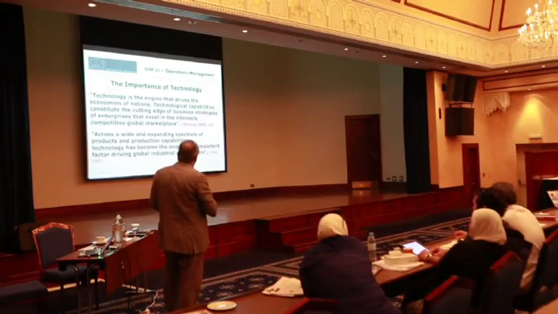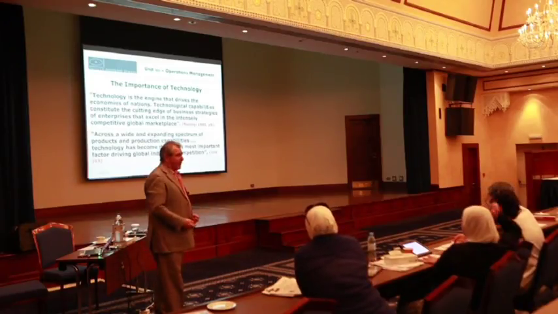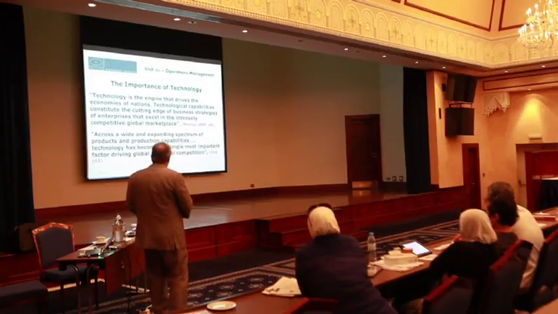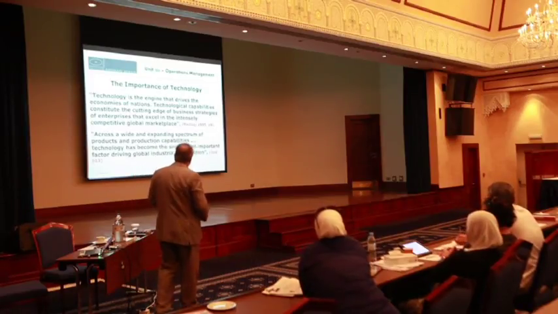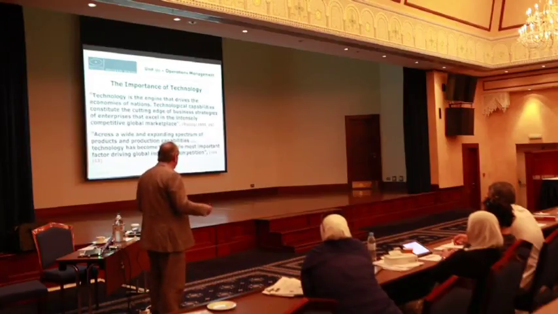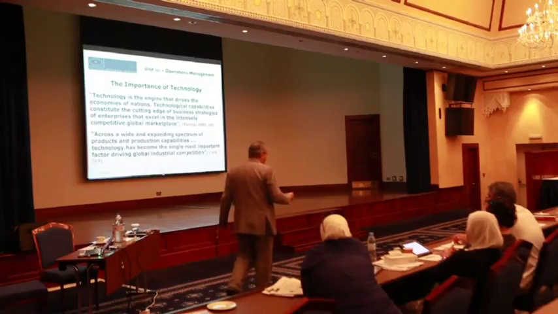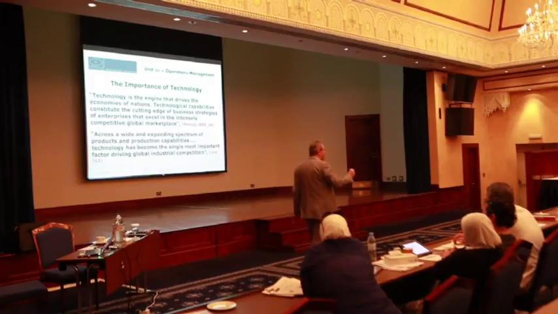So technological capabilities constitute the cutting edge of business strategies of enterprises that excel in what is now the intensely competitive global marketplace. Across a wide and expanding spectrum of products and production capabilities, technology has become the single most important factor driving global industrial competition. We are squarely in the information or knowledge age.